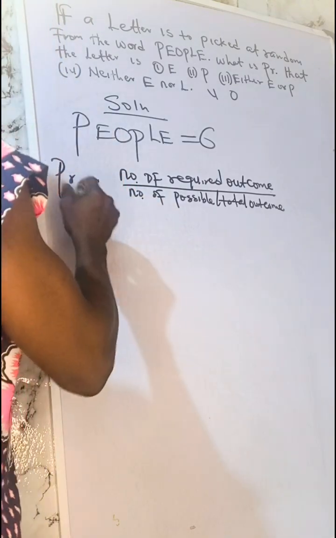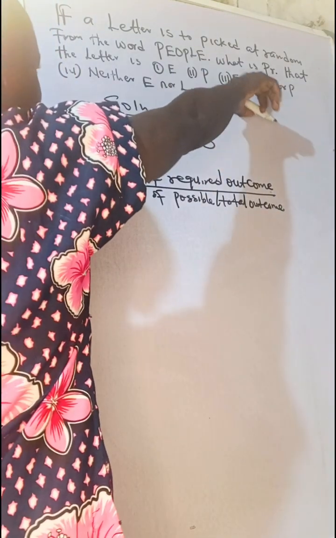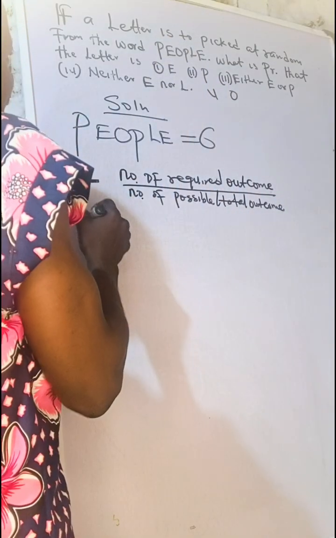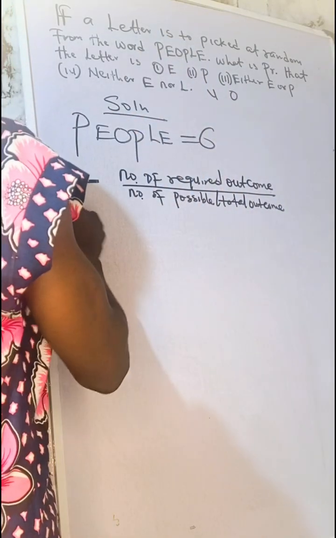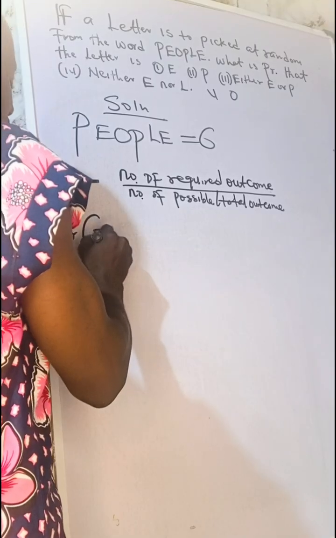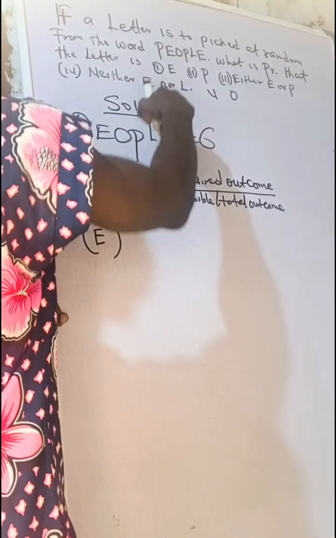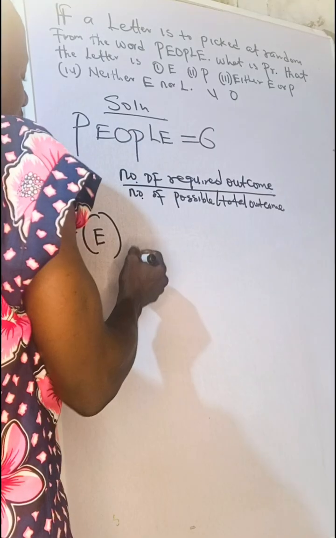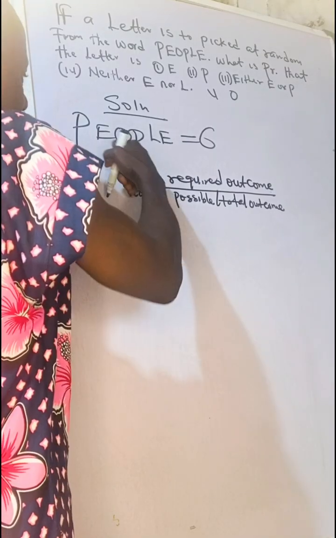Now, having stated that, let's go to the first question. The first question says, what is the probability of picking letter E? Already, we have 2 letter E's here. This is our expectation.